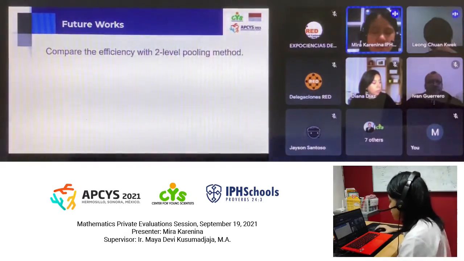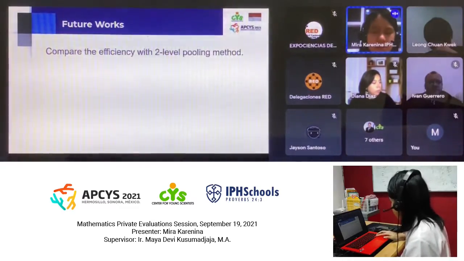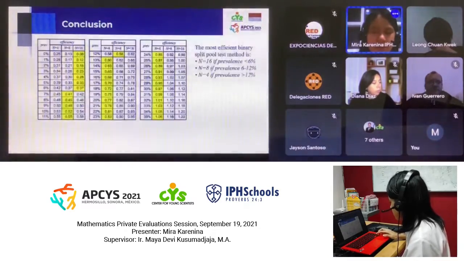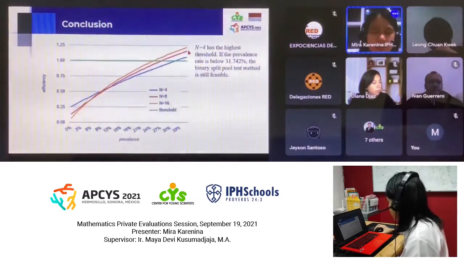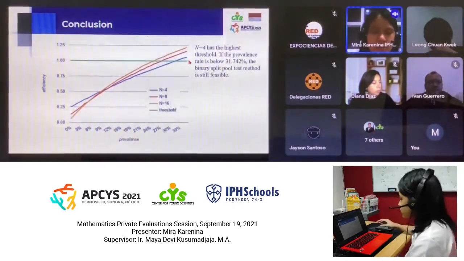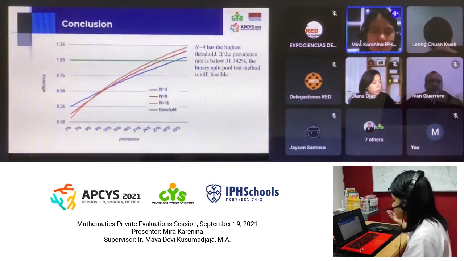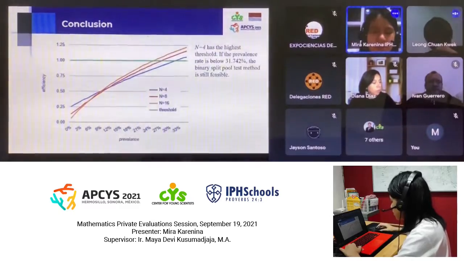Okay. So actually, for the limitations of this method of testing, if the prevalence rate is higher than 31%, then we cannot actually apply that method, because it will have more loss than normal individual tests.